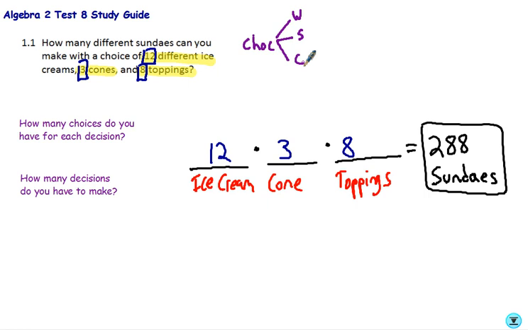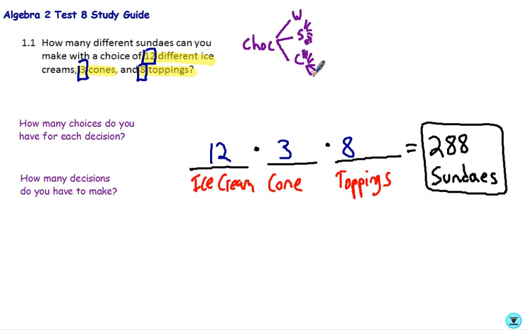And then for each cone, there's a choice of 8 different toppings: 5, 6, 7, 8, right? And I would do that for each one of those, and that's only for one choice of ice cream. So you can see how that would be a pain to do that way. You can use a tree diagram, but we're going to use the fundamental counting principle to come up with the answer for us here.